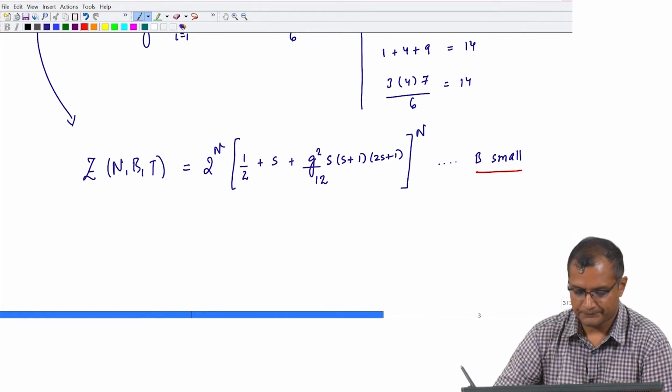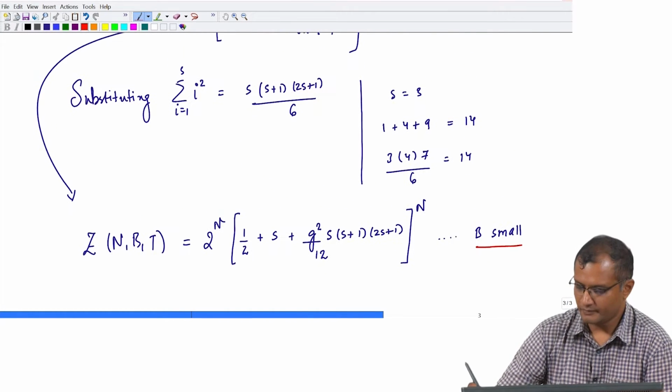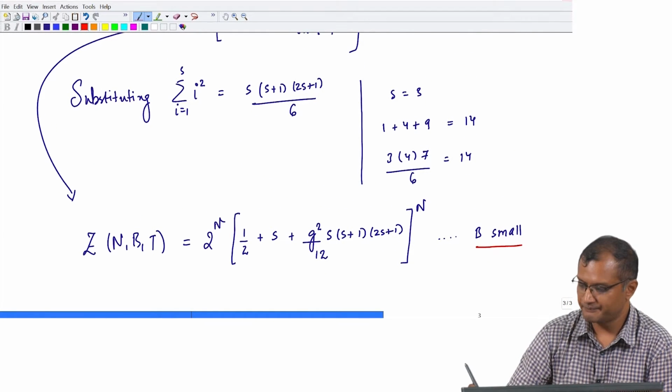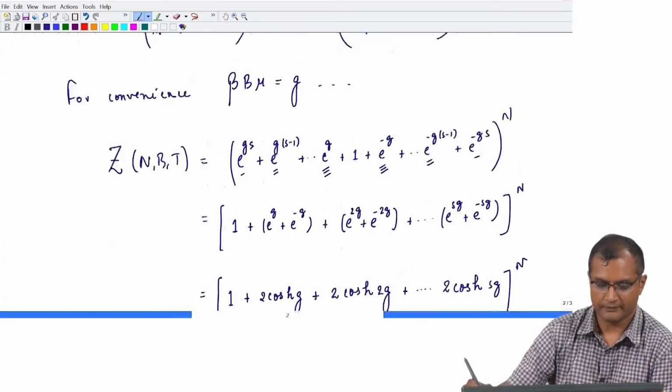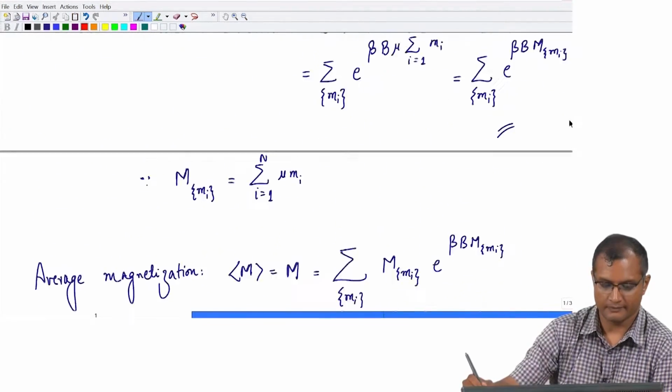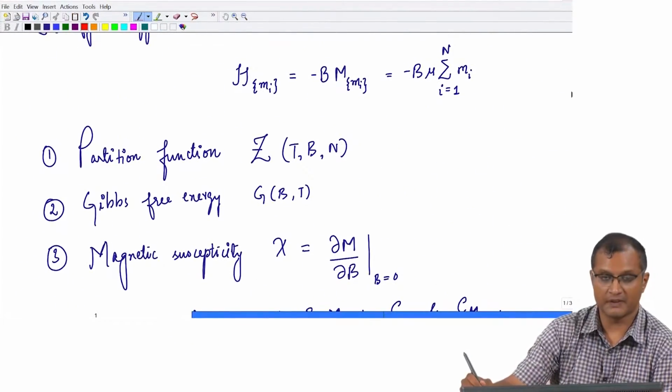your various thermodynamic properties. So, for example, the first thing that you can compute is the Gibbs free energy.